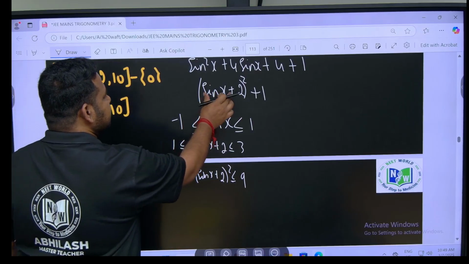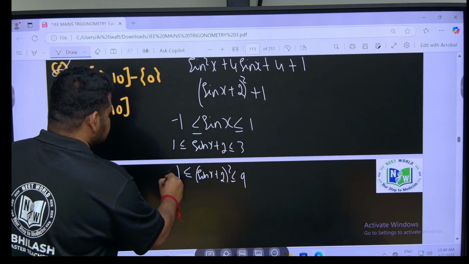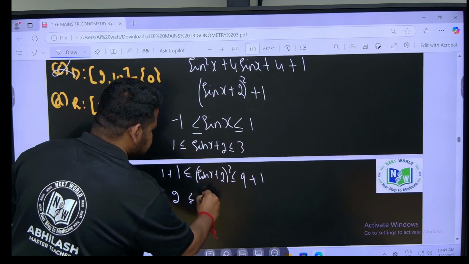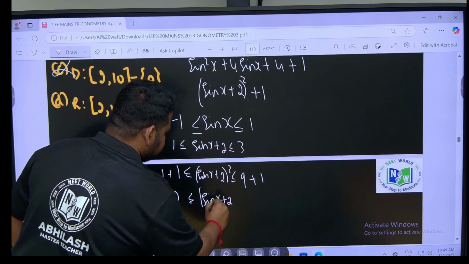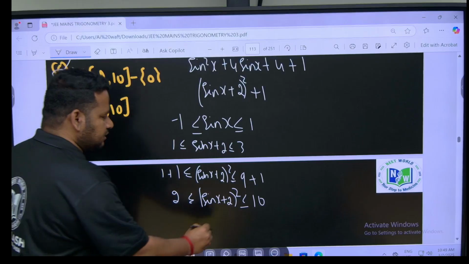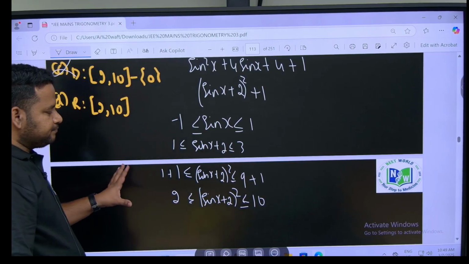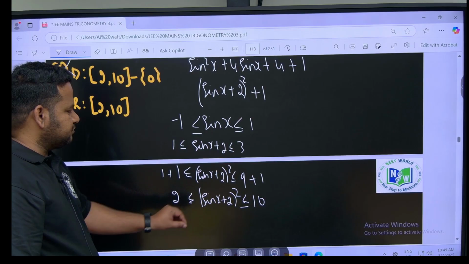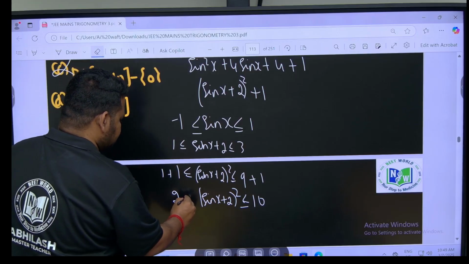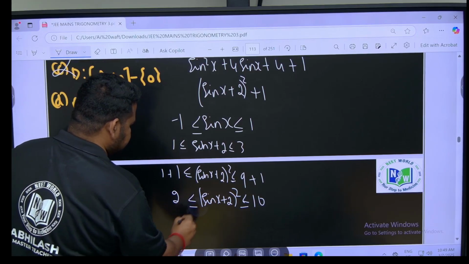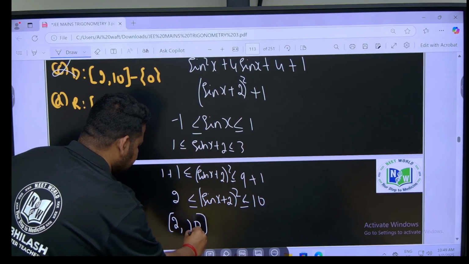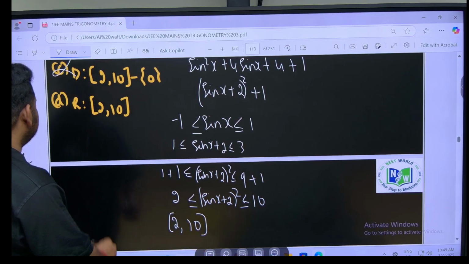But it is sin x plus 2 whole square plus 1, so I'll add plus 1 on all sides. So 2 is less than or equal to sin x plus 2 whole square plus 1, which is less than or equal to 10. That is nothing but the range. It lies between 2 and 10, including 2 and 10. So where is it? It is in option D.